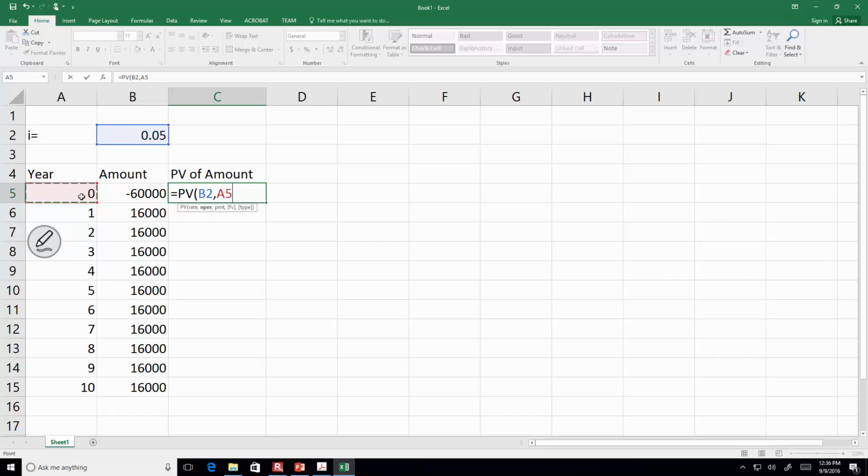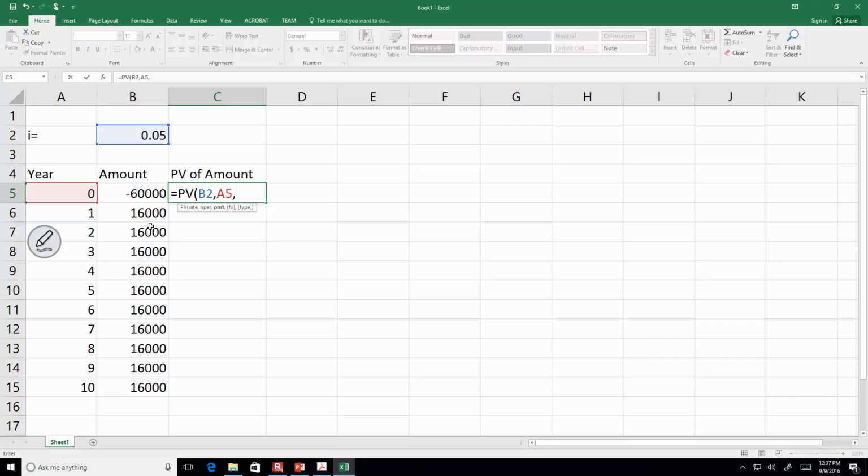Now I click comma, and the next thing it's asking is what is either the payment or the future value. And this is saying payment. So if I click on this amount right now, it's going to think that that amount is every year, over and over again. But this is just a one-time amount. Each row represents the amount just for that year.